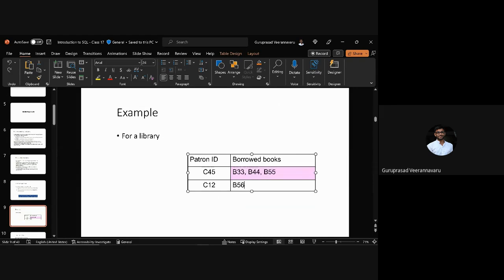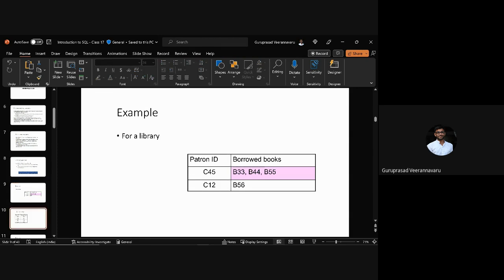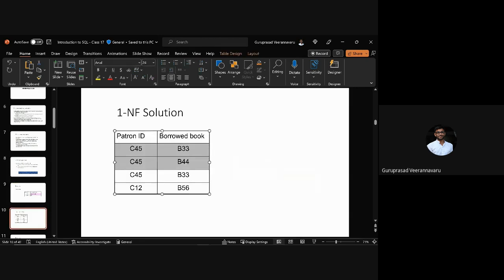Now if I have to answer a single query, has user C45 borrowed B40, then I'll have to go to C45, get all his books, and see if B40 exists inside this one. But if they were all separate, it would become very simple: does the row C45, B40 exist in that table or not? If it doesn't exist, we say no. So how do you do it? You will break it into rows like this.